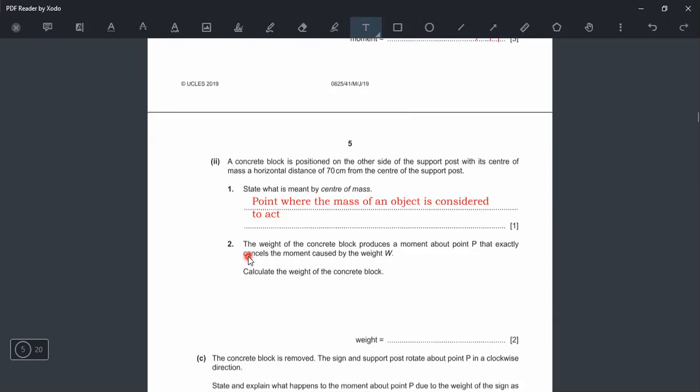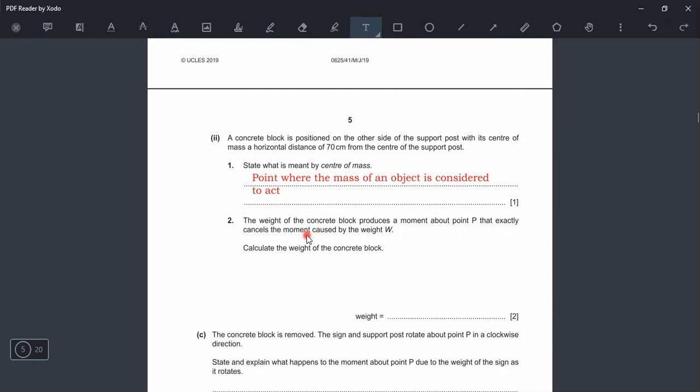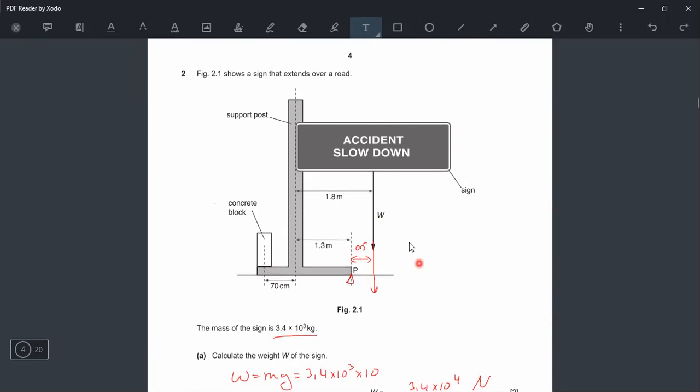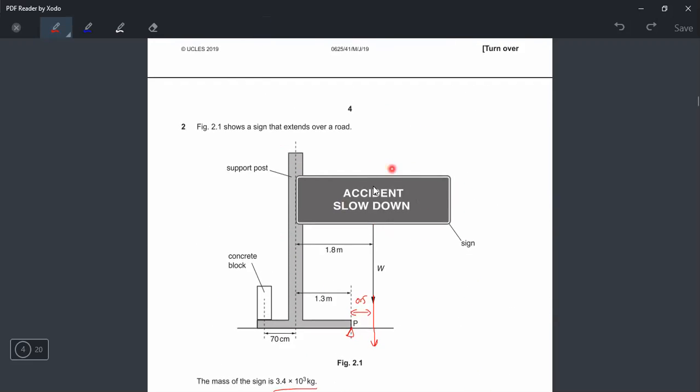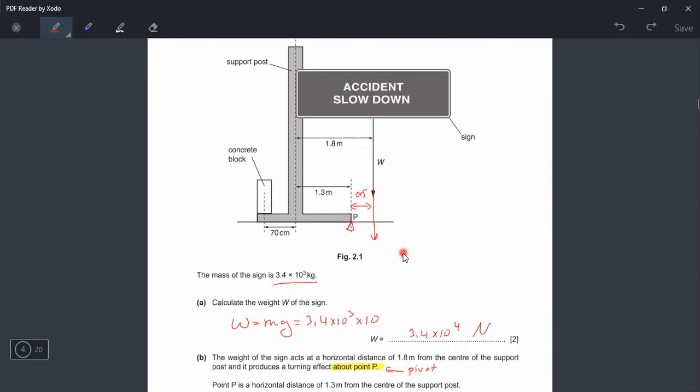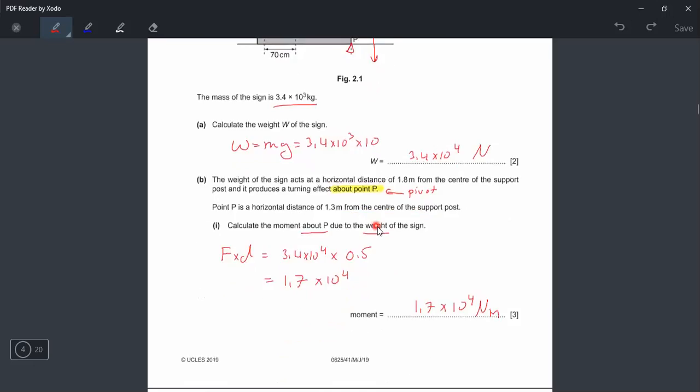The weight of the concrete block produces a moment about point P that exactly cancels the moment caused by W. Obviously, if it's in equilibrium, then the clockwise moment of the signpost is equal to the anti-clockwise moment of the block. Calculate the weight of the concrete block. Again, what I just said is basically the answer, or at least the key to the answer. The clockwise moment of the signpost, or the sign, is equal to the anti-clockwise moment of the block, and the pivot is still P. So since we already have the clockwise moment, we got it over here.